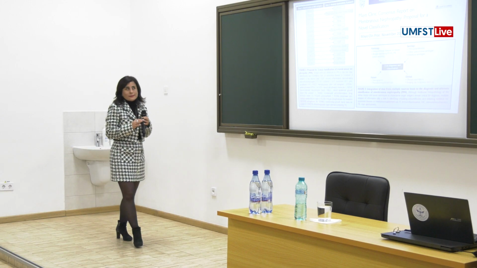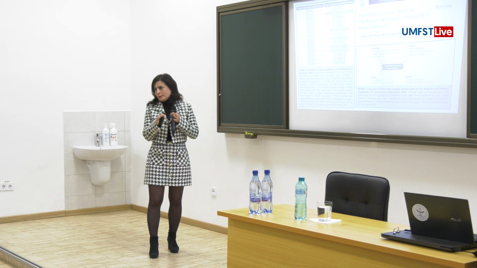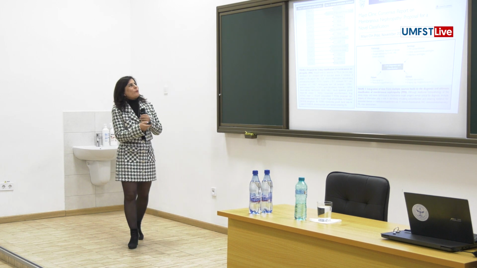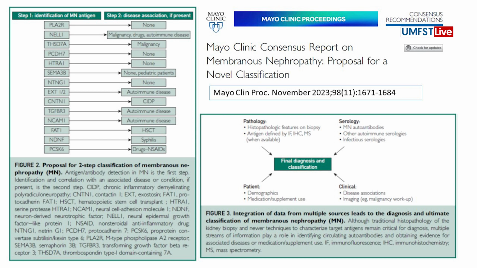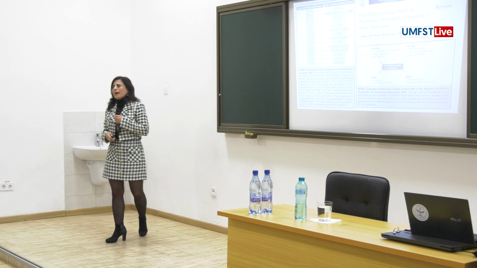But nowadays, this is, I mixed this up, sorry, this is for membranous nephropathy. The Mayo Clinic published a study. We have to subclassify membranous nephropathy into many types. We need more immunohistochemistry in our panel now.